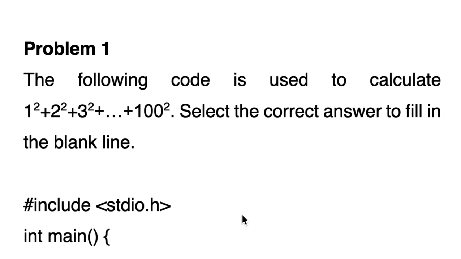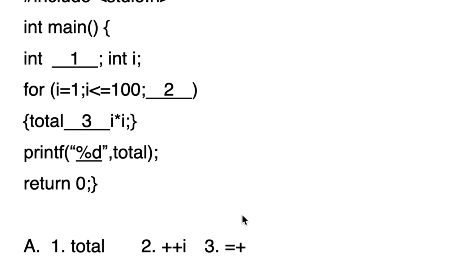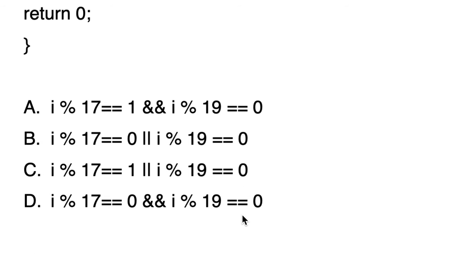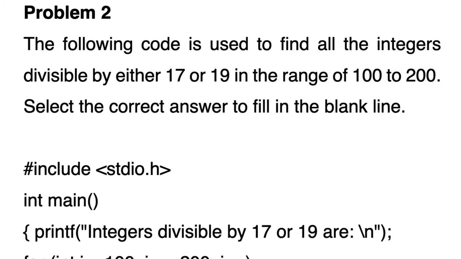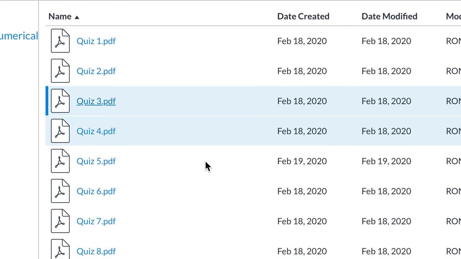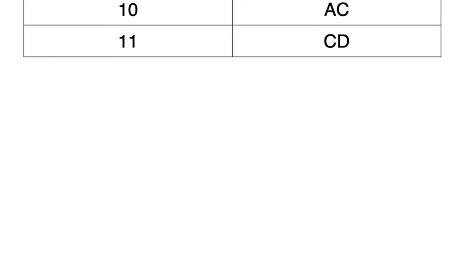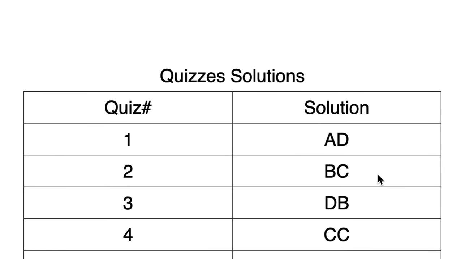Quiz 3, and we have some problem sets. We have different answers available for the student to choose, and once the students finish the quizzes, they will have a corresponding solution, so they can go back and take a look and make improvements.